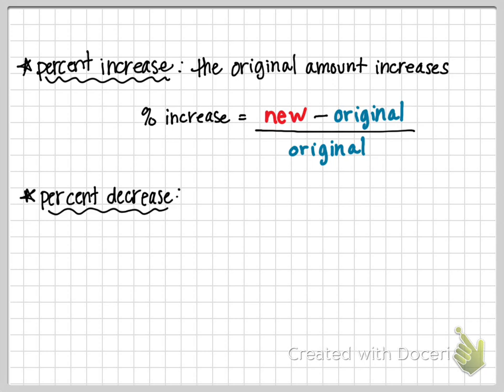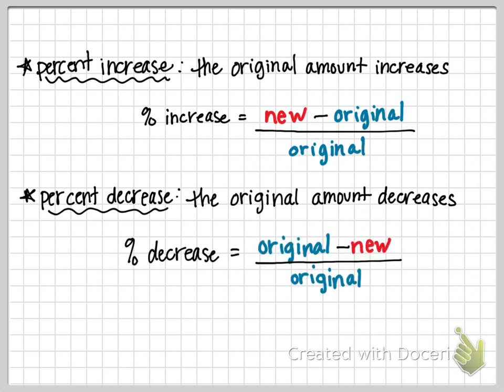Percent decrease is going to be the opposite. So you start with an amount of something and then it decreases over time. So percent decrease is a decrease from the original amount. And the formula for percent decrease is that you take the original amount, subtract the new amount, and divide by the original. So again, it will be a decimal, and then you will change that decimal to a percent to get the percent decrease.